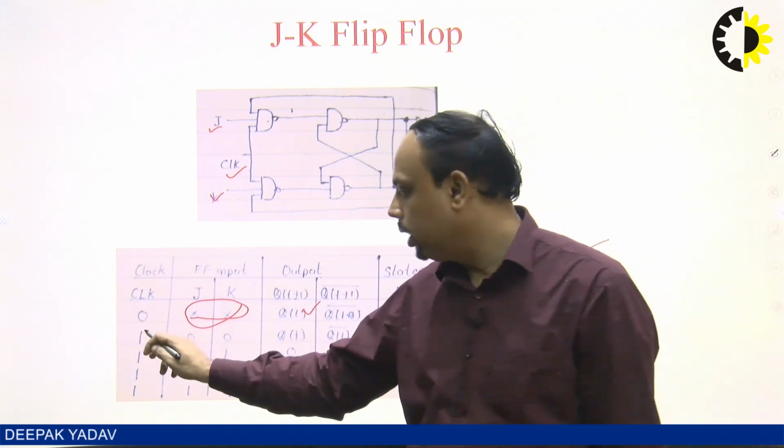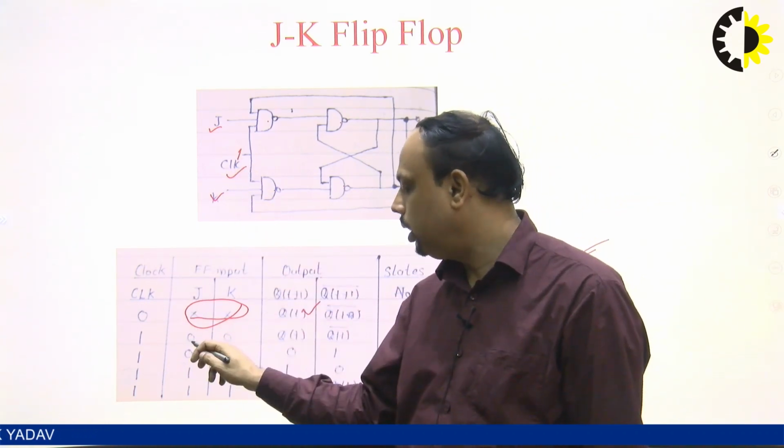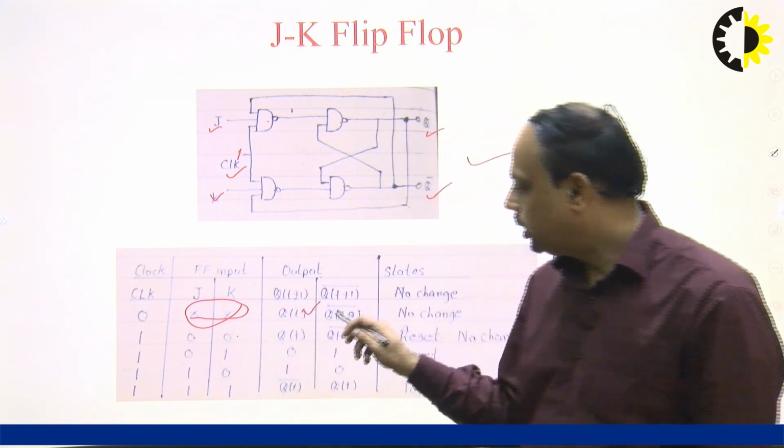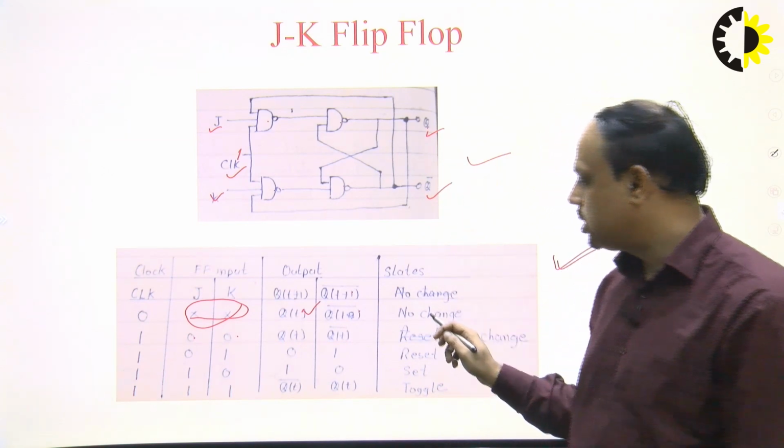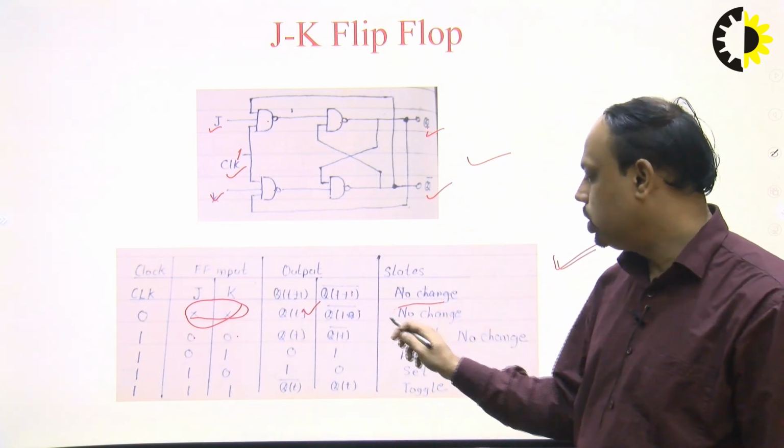When the clock arrives, clock is 1, and if the input is 0 0, the output is the same, that is Qt and Qt bar, and this is known as the no change state.